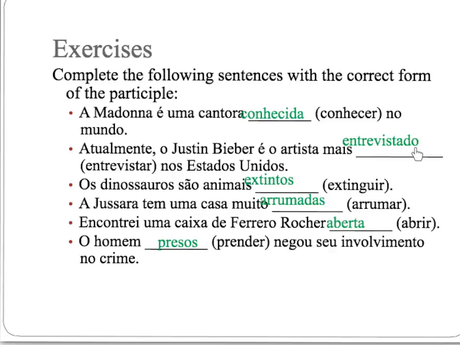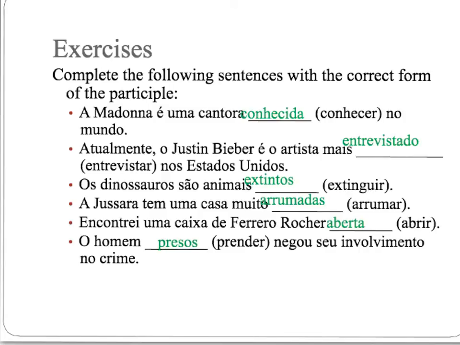We're using singular and masculine form because Justin Bieber is a man. An artist, because of my O here, tells me it's a man. Os dinossauros são animais extintos. Dinosaurs are extinct animals, okay? So, also again, an adjective.